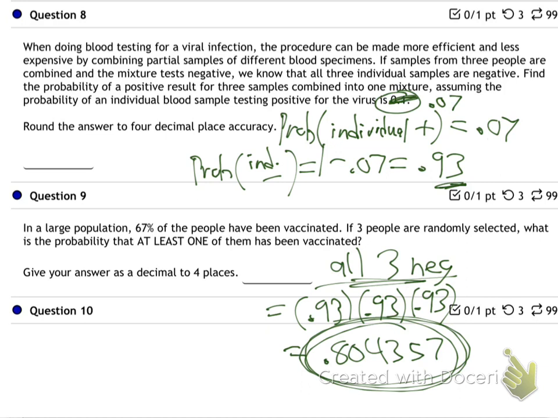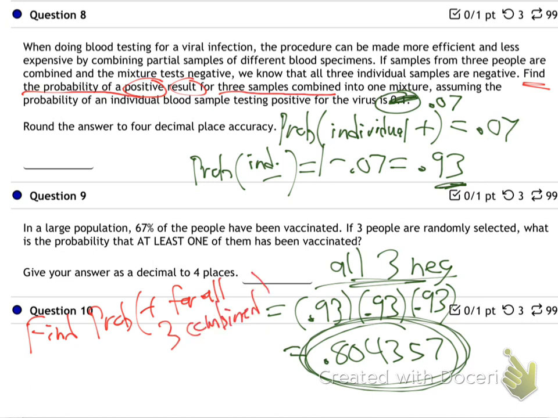They're saying, what's the chance that in the end it comes out positive? You've got to remember their question. After all this talk, we could lose their original question. Find the probability of a positive result for the three samples combined. Positive for all three combined, which means just one of them has to be positive, right?